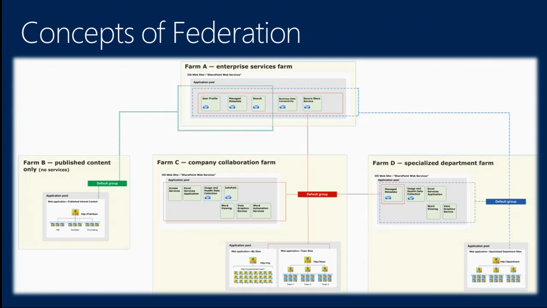BCS works across the WAN as well, but you're going to take a hit the first time you're hitting that particular data source. Secure store, you're going to take a hit there as it's caching that particular credential. User profile service, it'll work, right? But because of the user profile replication engine, not necessarily recommended. So I would avoid that at pretty much all cost. And then the managed metadata works very well in a WAN environment.